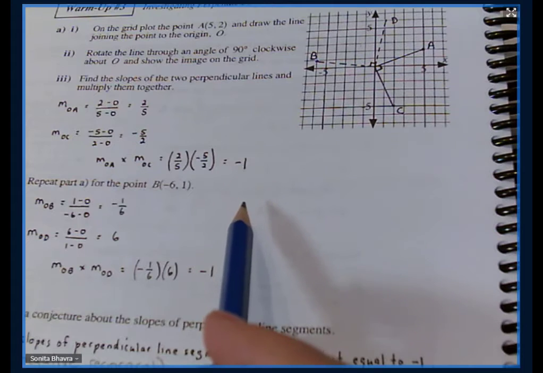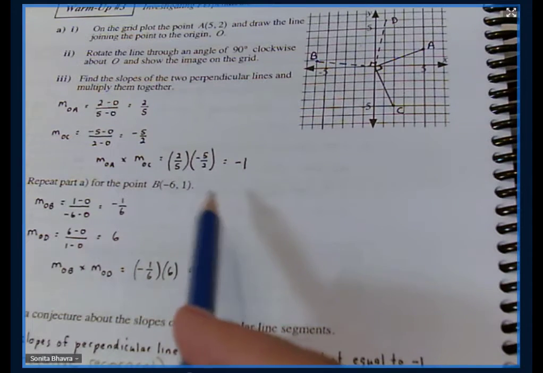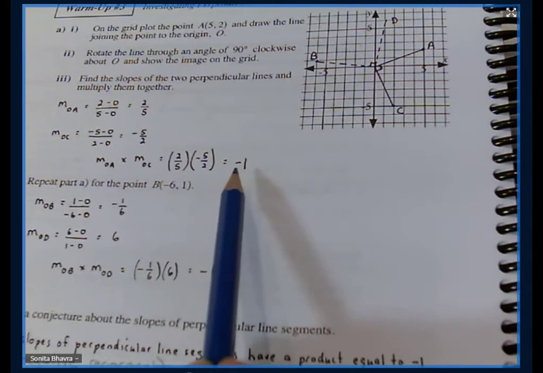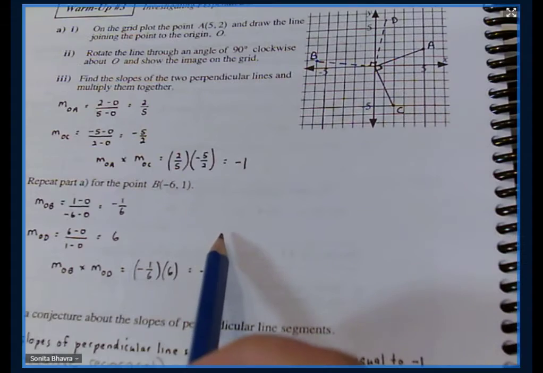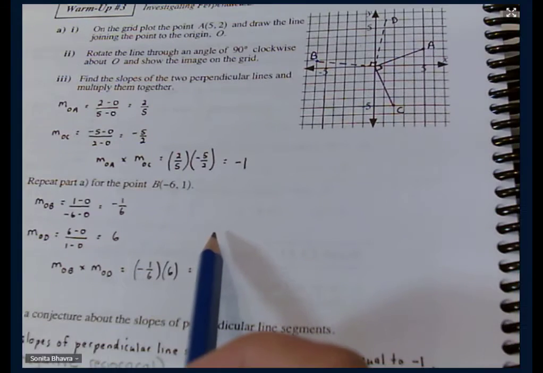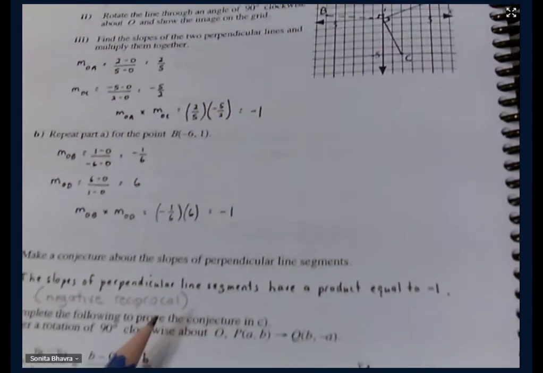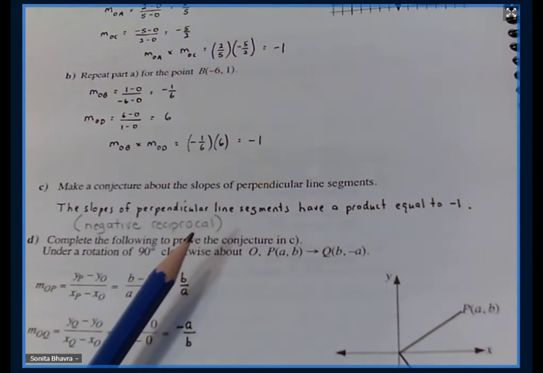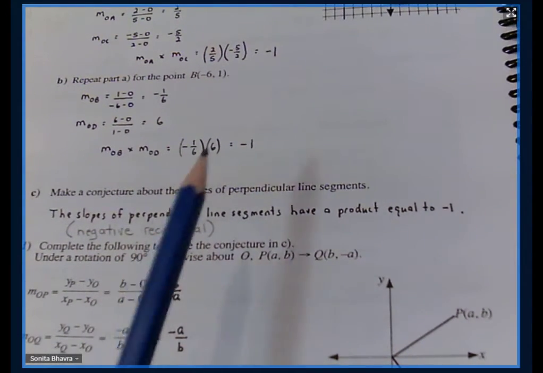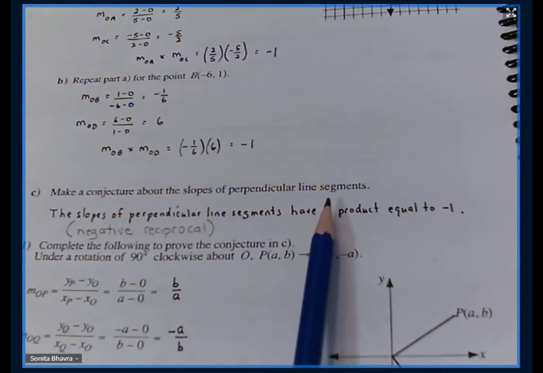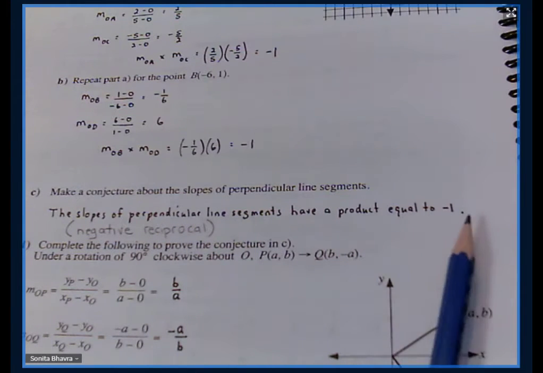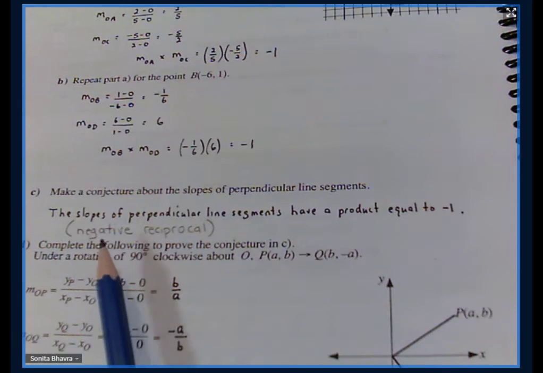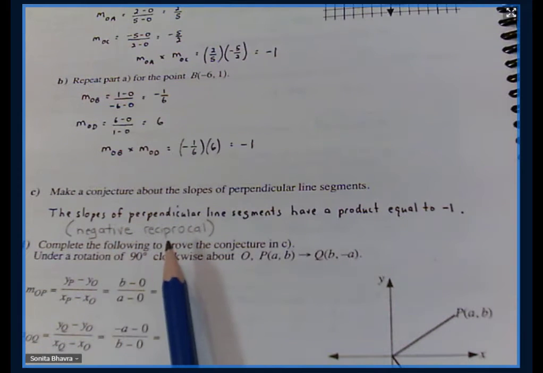So anytime two lines are perpendicular to each other and you multiply their slopes together, you will always end up with a -1. All right. So that is what we can say about slopes of perpendicular line segments. The slopes of perpendicular line segments, they have a product equal to -1, and it's also called a negative reciprocal.